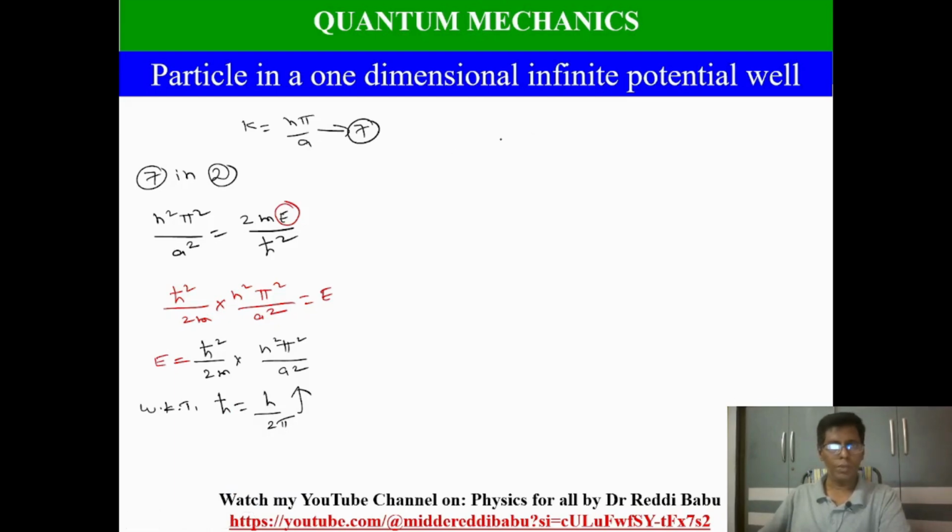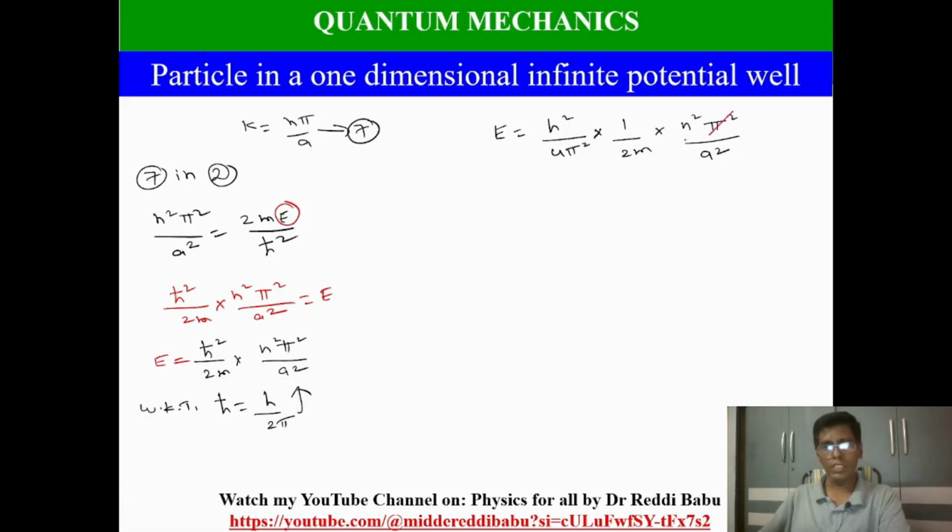Okay, now I am substituting in the place of h cut, h by 2 pi. So left hand side is energy E is equal to h square divided by 4 pi square into 1 divided by 2m into n square pi square by a square. Now in this expression, what happened? Check clearly.